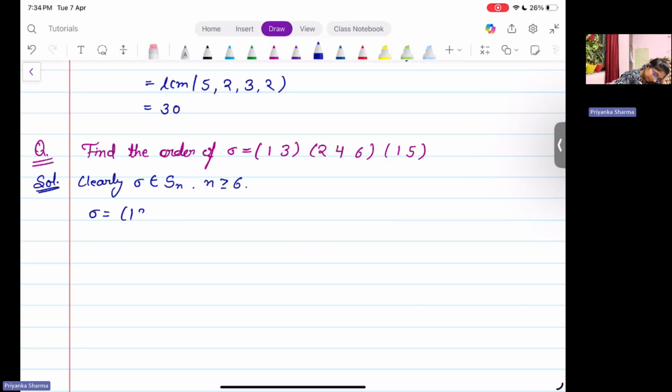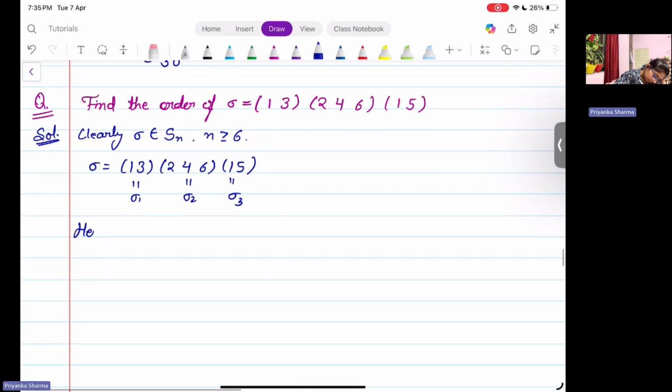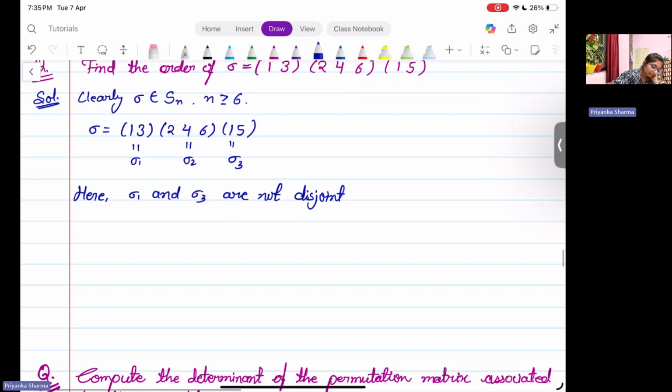Sigma is, let me write it again, (1 3)(2 4 6)(1 5). So this is sigma 1, this is sigma 2, and this is sigma 3. Here, sigma 1 and sigma 3 are not disjoint. Why?